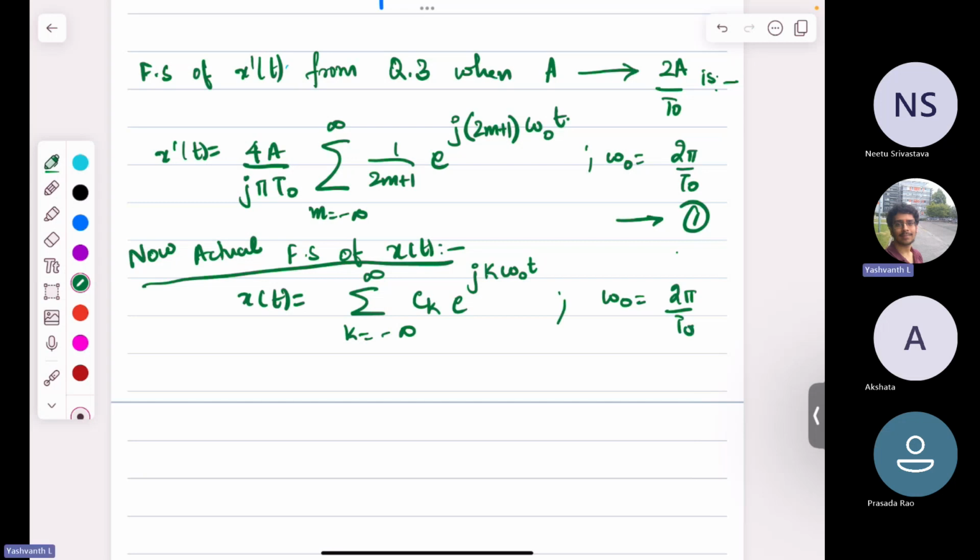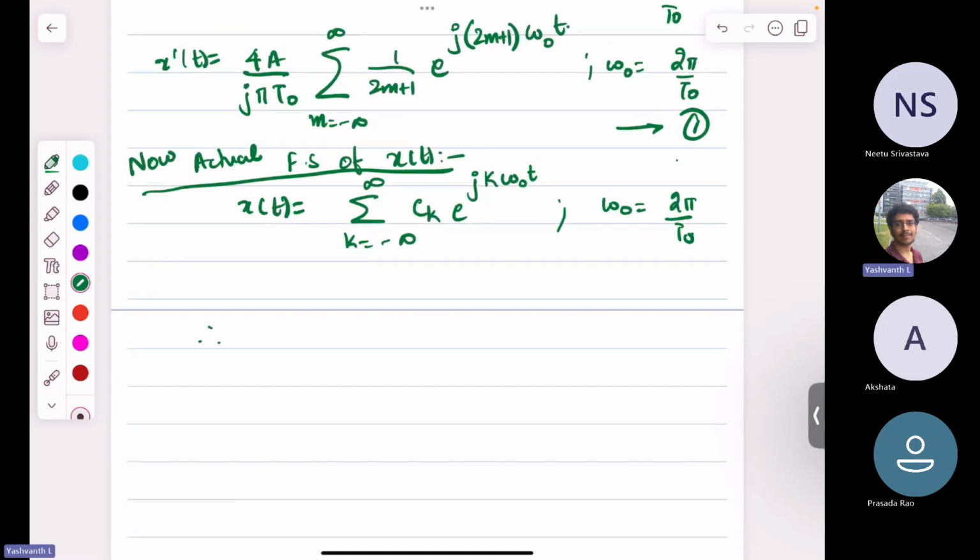Therefore, d by dt of x of t is summation k equals minus infinity to plus infinity ck into jk omega naught into e power jk omega naught t. Is it correct?